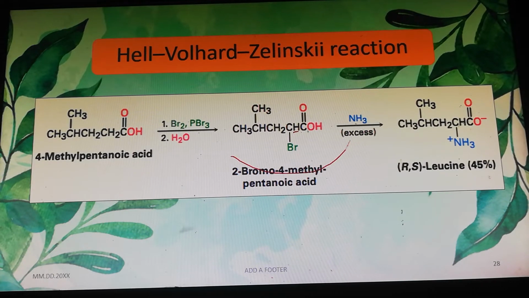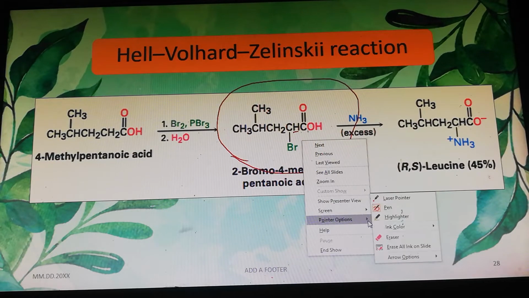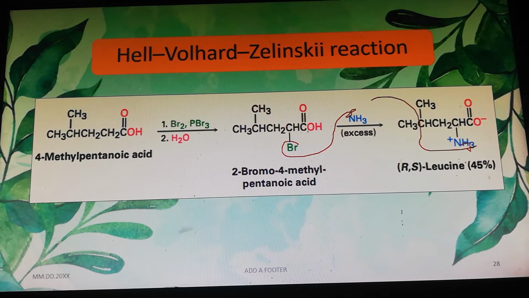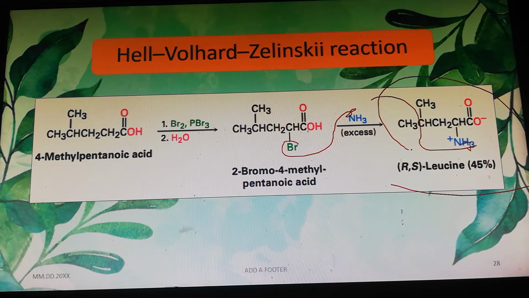Now, after bromination, we have nucleophilic substitution of the alpha bromo acid with ammonia. So the NH3, the ammonia, replaced our bromine, and that's why we have this kind of amino acid. So, this amino acid is leucine.